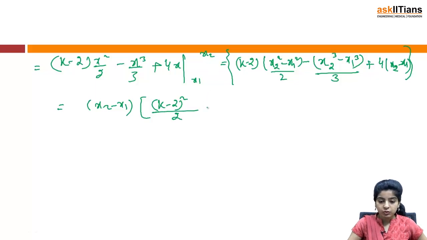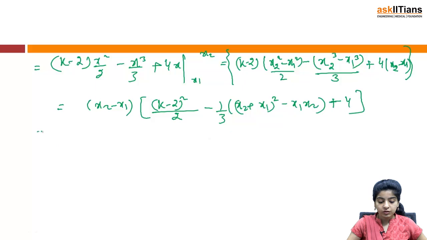So we have (k minus 2) square by 2 minus 1 by 3 times ((x2 plus x1) whole square minus x1 x2) plus 4].